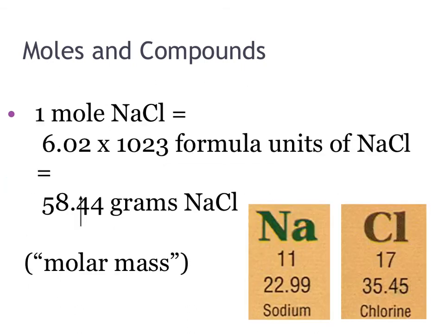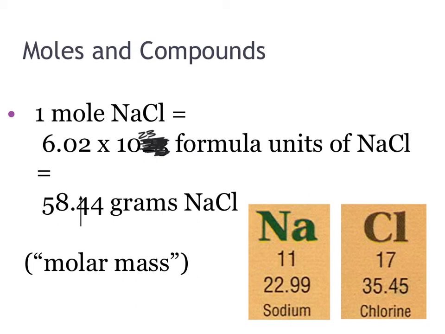So an example using an ionic compound would be sodium chloride. I could say 1 mole of sodium chloride is the same thing as 6.02 times 10 to the 23rd formula units. My subscripts didn't transfer over well when I copied this into this notation device.